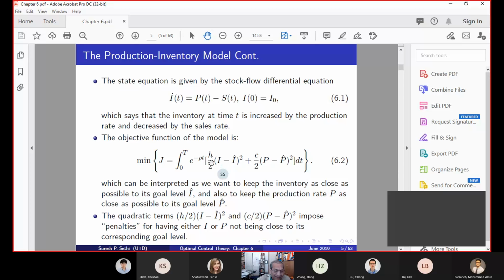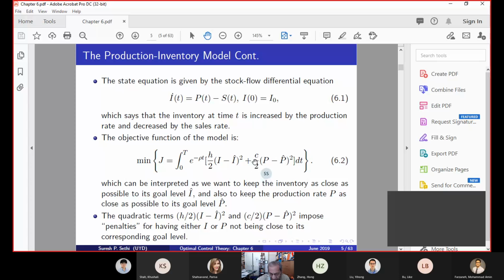That could be, for particular purposes, just one or one half. The reason they divide by two is that when you take a derivative, they want the two and two to cancel out, so they have fewer fractions. But basically, there is a constant that could be one, or some number.